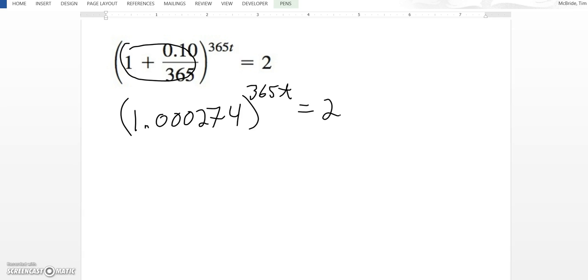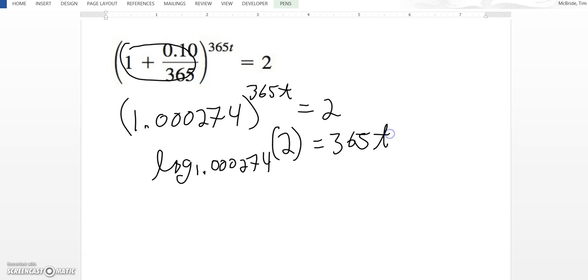Okay, now the exponential part is already by itself, so we can change the form. So let's call it log base 1.000274 of 2 equals 365t. And then now we have a log base something other than e, so we can use our change of base.